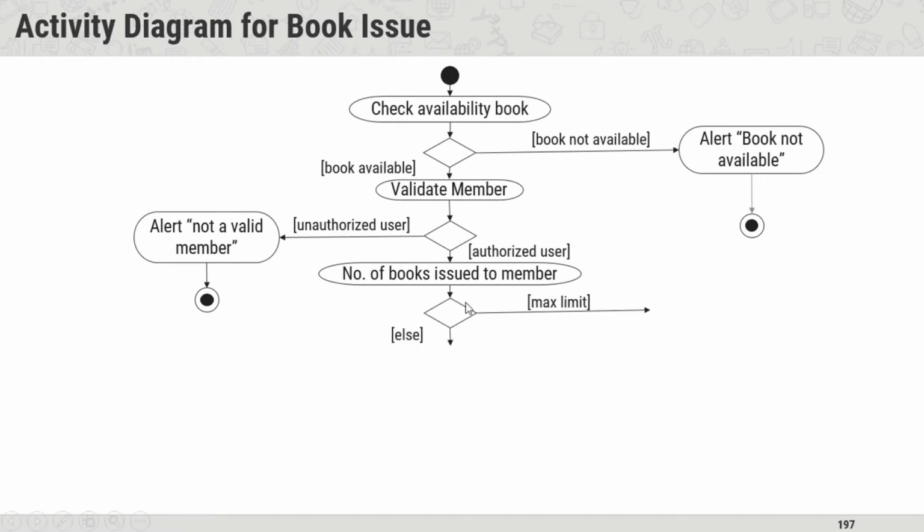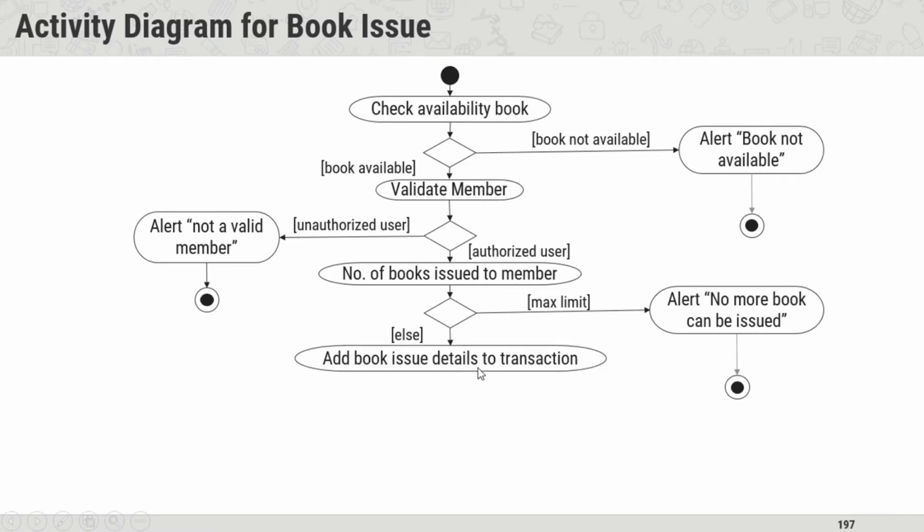If it exceeds the maximum limit, you cannot issue the book, and you will give the alert that no more books can be issued. If the count is still less in his or her account, for example if you can issue only 10 books per user and he or she has issued only 8 books, then and only then can you issue the book.